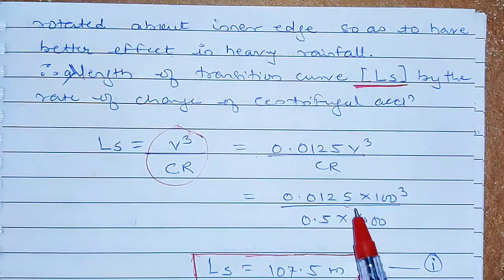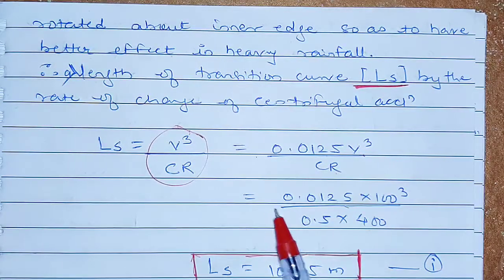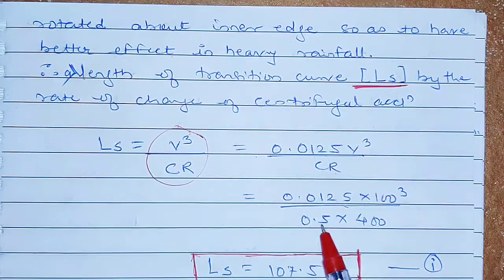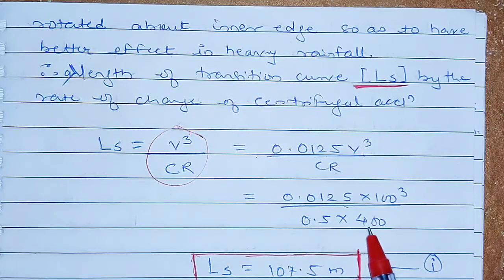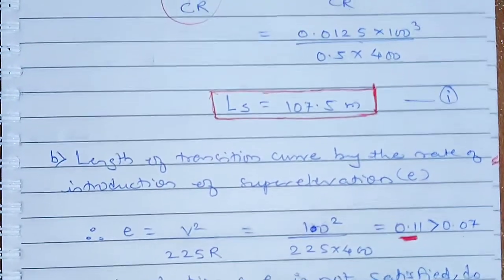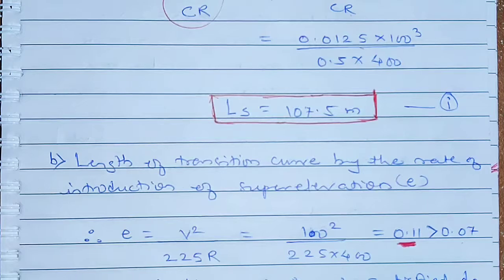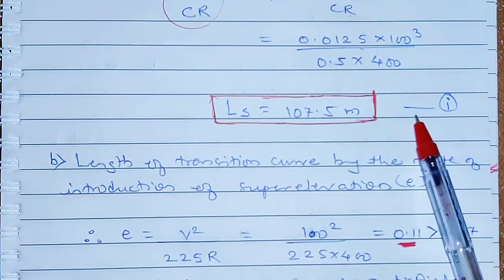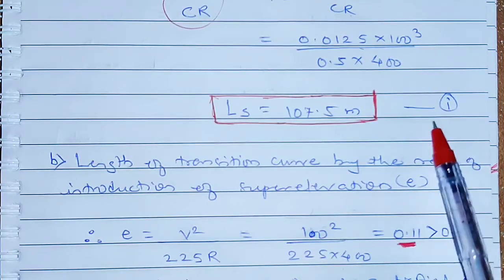So substituting the values, we get LS equals 0.0125 into 100 cube upon 0.5 into 400, as V equals 100, C equals 0.5 and R is 400 meters. So we get the length of the transition curve by the first criterion as 107.5 meters. So this is the first length that we get.